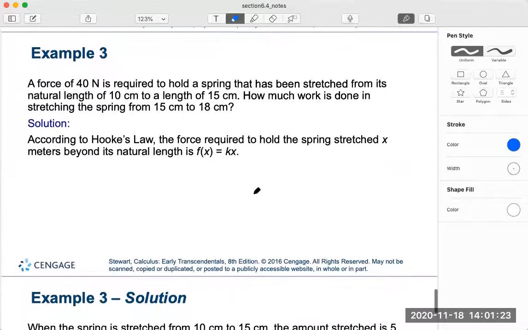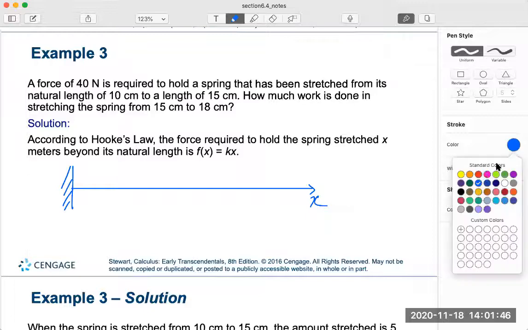Now we consider this example. If the force is 40 Newton, we apply it to stretch an object here. Suppose this is the x direction.